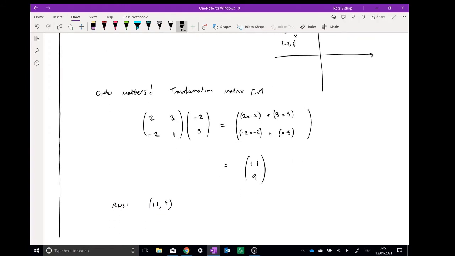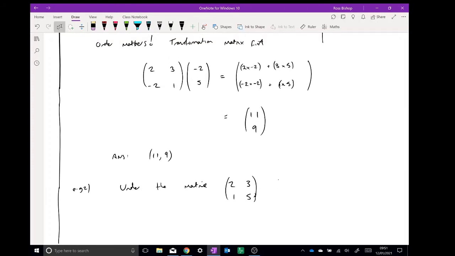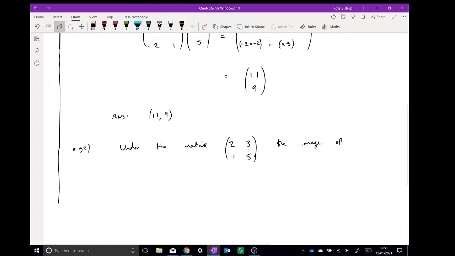Let's look at it working backwards, more of an exam style question. For example, under the matrix (2, 3; 1, 5), the image of coordinate D is at the point (20, 31).